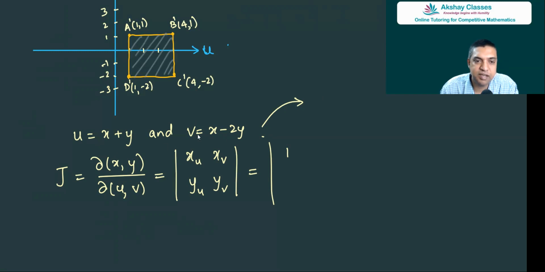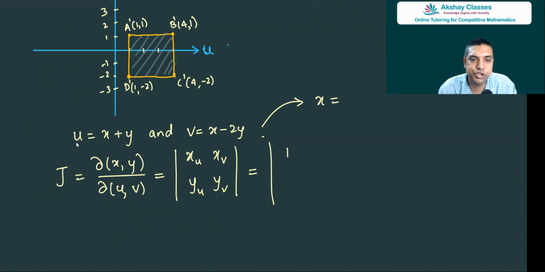u minus v will give us minus 3 plus 3y. So y will be (u minus v) upon 3. And x will be equal to, multiply this by 2.